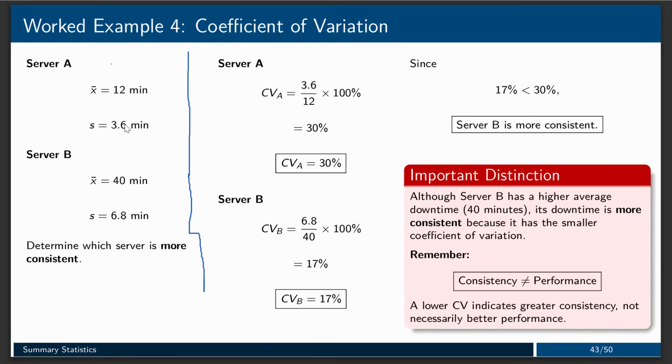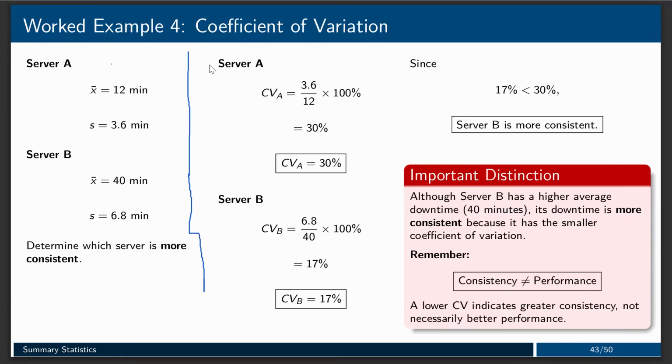The standard deviation is 3.6. Now for server B, the mean is 40 minutes. We are looking at the downtime for each server. So the mean downtime for server B is 40 minutes, and the standard deviation is 6.8 minutes. The question is, determine which server is more consistent.